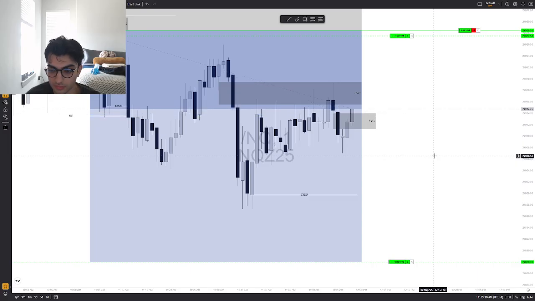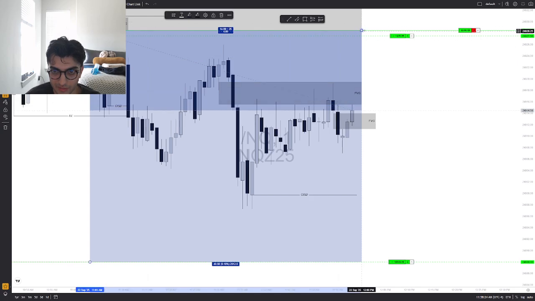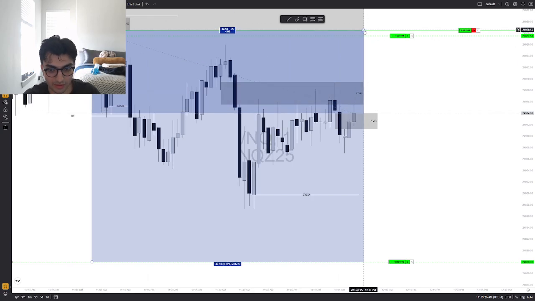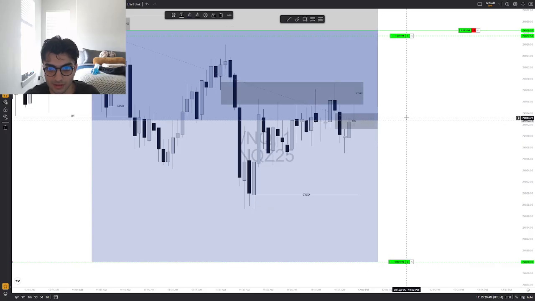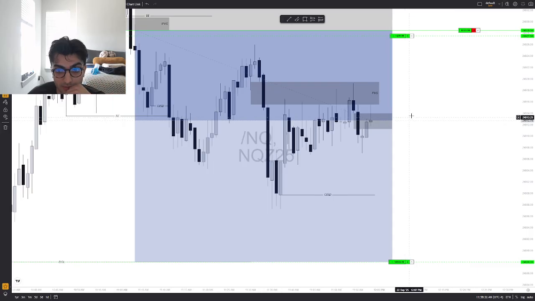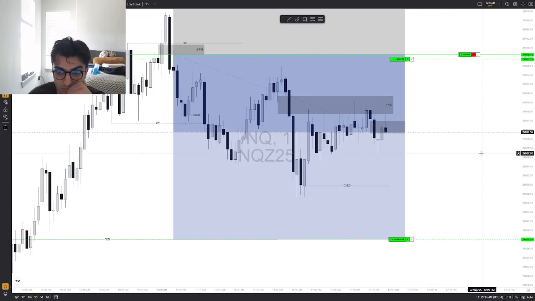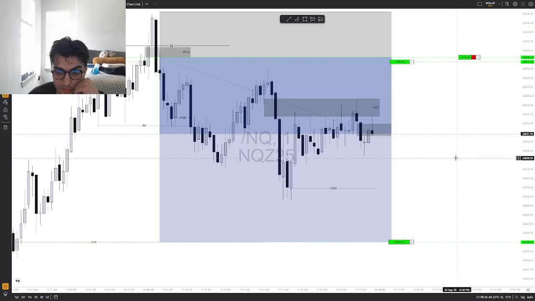That's the closure. We're outside of it now. Back into this fair value gap. Oh my. This is excruciating to sit through, I'm not gonna lie. It's like watching paint dry.